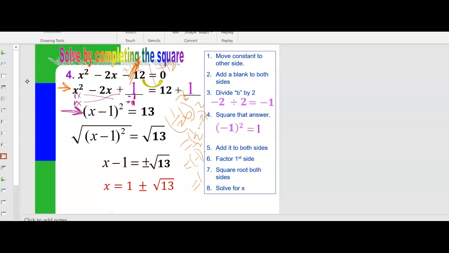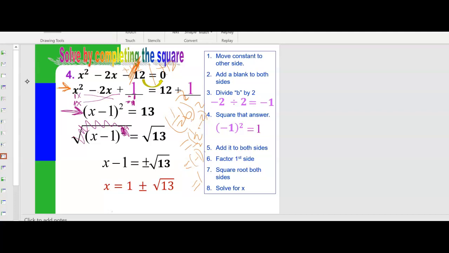Then for the perfect square, get rid of the square by giving both sides a square root. So the square root and the square cancel each other. So you take the inside out, which is x minus 1 equals square root of 13. For 13, you cannot find two repeated numbers times each other that give you 13. So nothing you can do here. It's just the square root of 13, but give it a positive and negative.